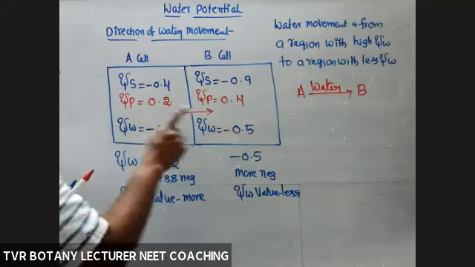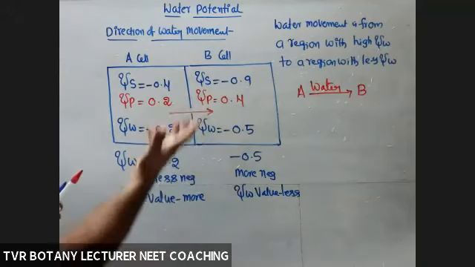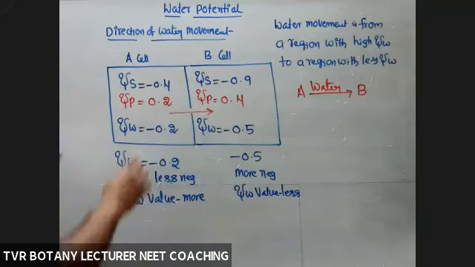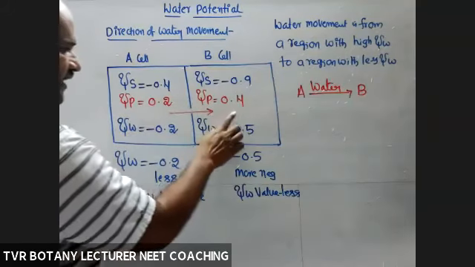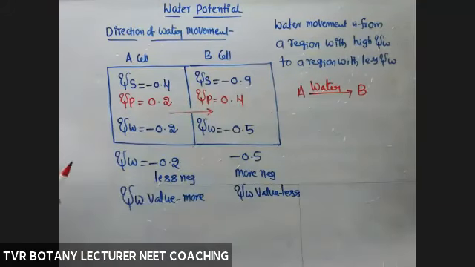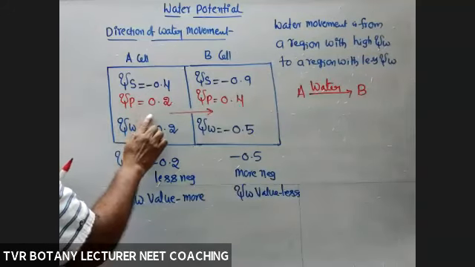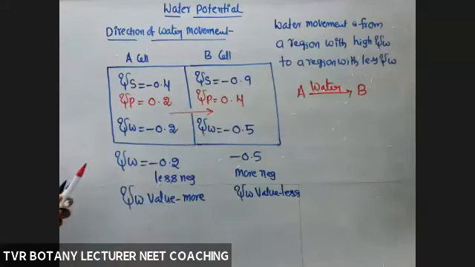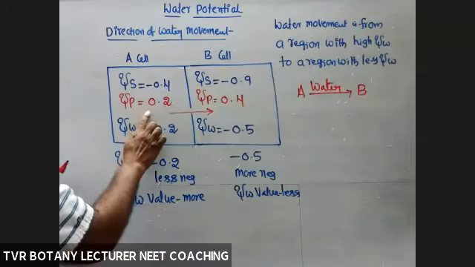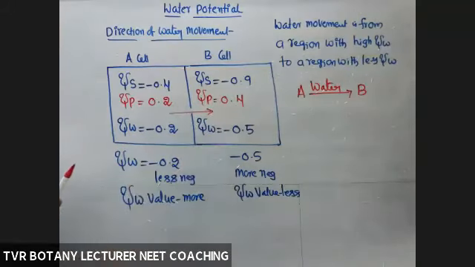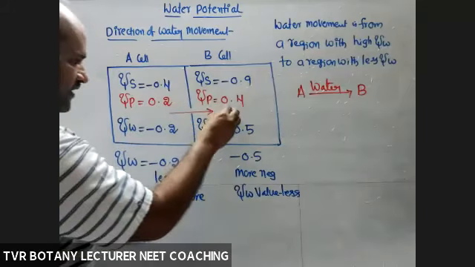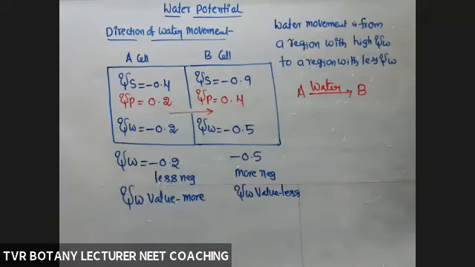Or you take so many statements also: more pressure to less pressure, less negative psi S to more negative psi S, more psi p value to less psi p value, more water to less water. I will give you statements on the board, right? So definitely with the help of water potential values, we can understand the direction of movement of water.